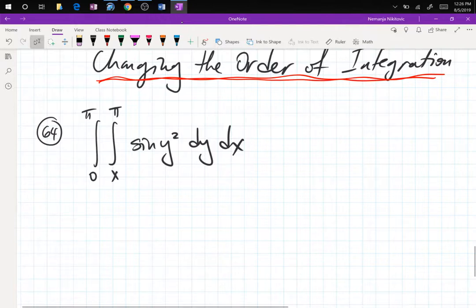So it cannot be integrated. If you want to force it, then go ahead, use the power series and get the approximation from Calc 2. But to integrate it exactly, it can't be done because you have sine of y squared.